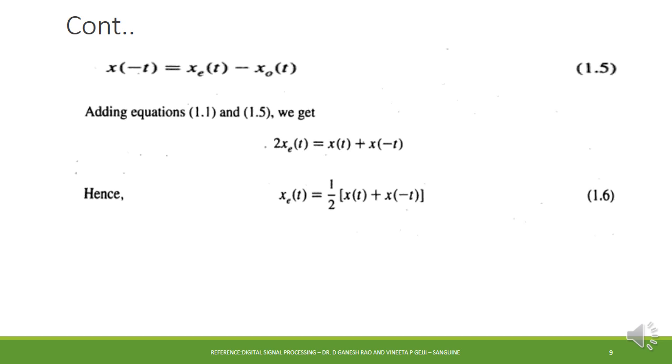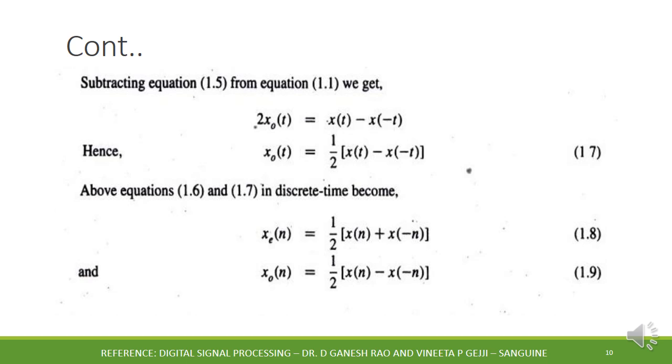Now our next part is to find the odd part. To find that odd part, subtract 1.5 from 1.1. By adding, you are going to get the even part. By subtracting, you are going to get the odd part.